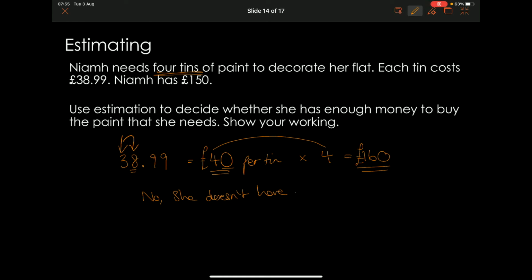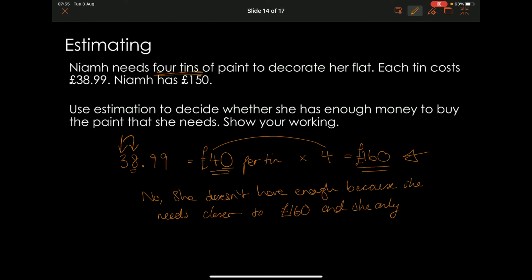It depends on how much they want you to explain in the question, but you probably won't have to explain too much because you've shown it here. No, she doesn't have enough because she needs closer to £160, and she only has £150. Okay, lovely.